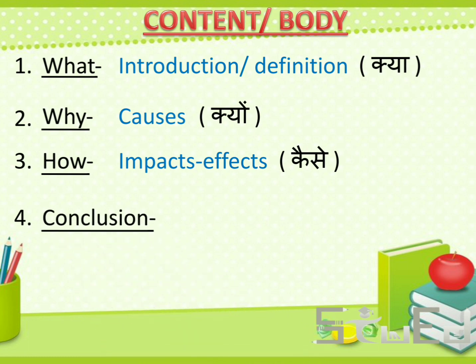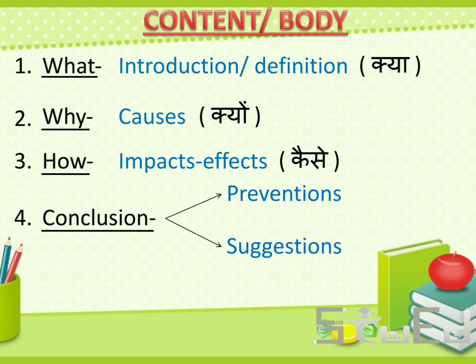Now conclusion has 2 parts. One is preventions. That means रोकना. हम किस तरह उस प्रॉब्लम को रोक सकते हैं. How can we prevent that particular problem, and the suggestions you would like to give. Okay, what do you feel can be done? So you can write your suggestions as well in your article.